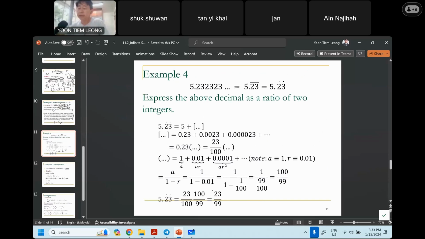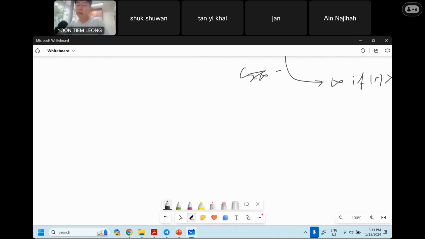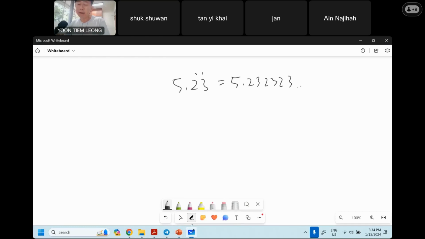Okay, this is another example that is a bit complicated, but actually it's not very complicated. You are given the number 5.23 with a dot, where the dot means the two decimals, 23, will keep on repeating forever.